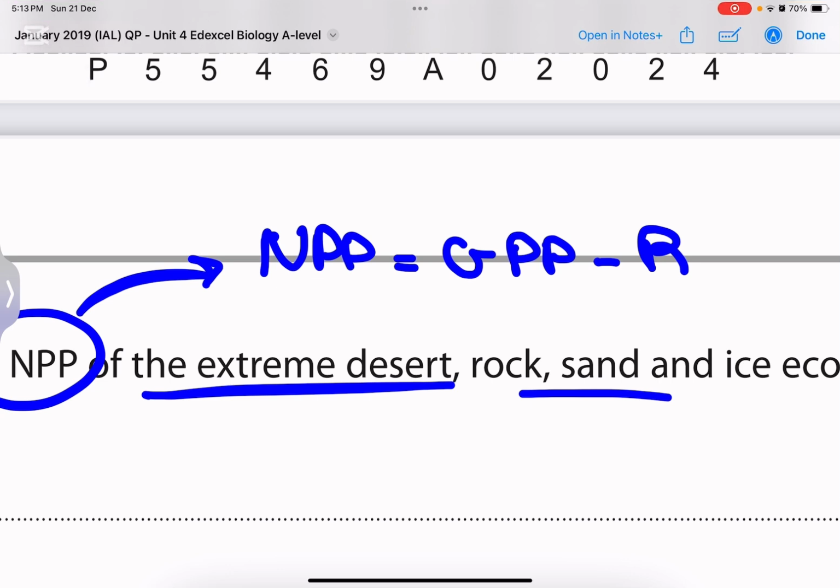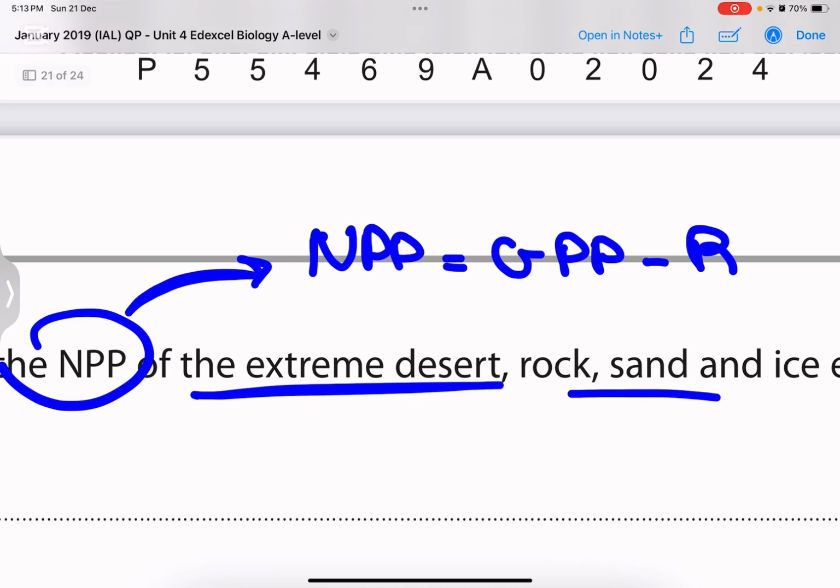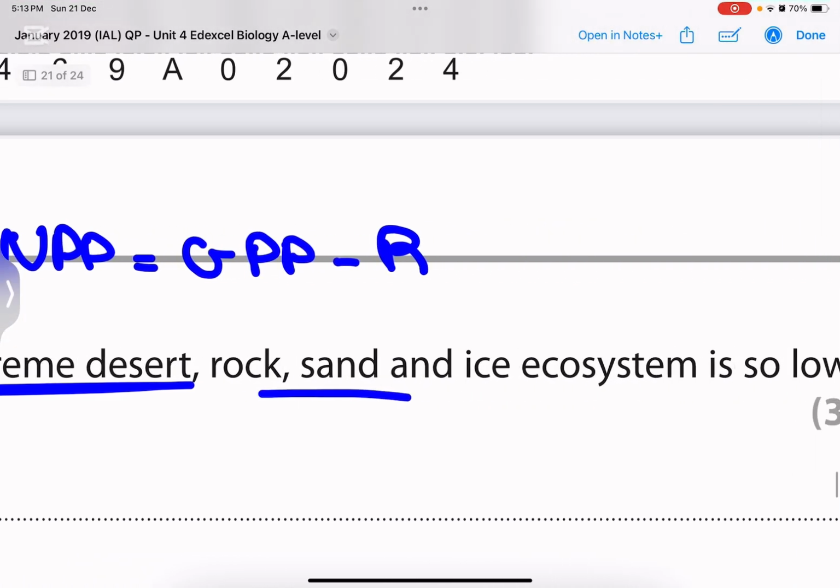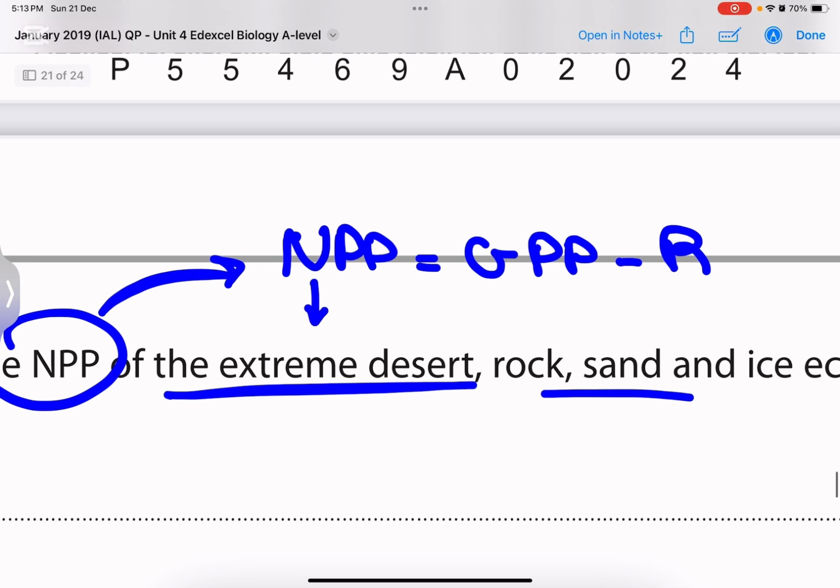Okay? So for the NPP to be low, the GPP needs to be low, and the respiration may be high, but this is something we're not sure about.